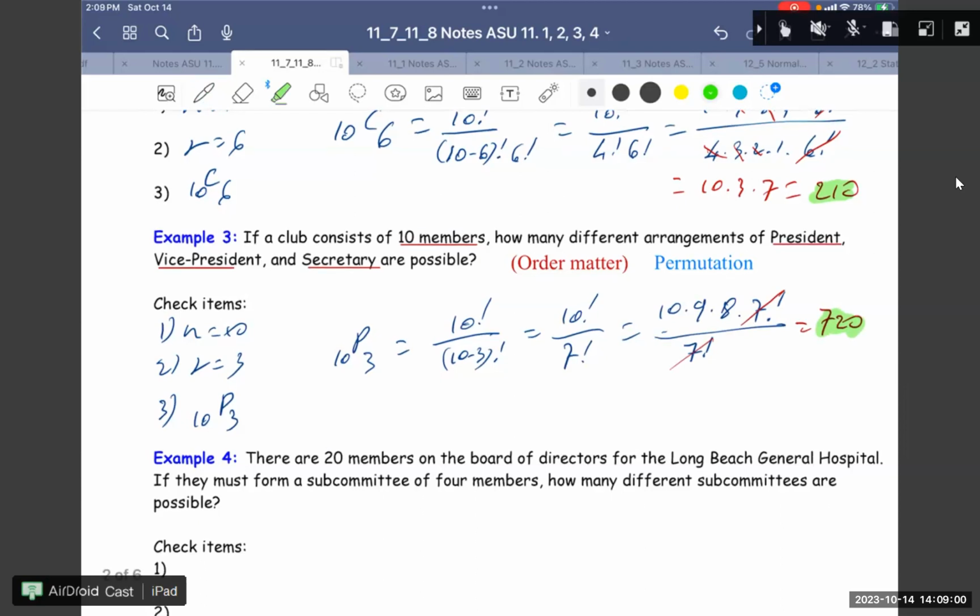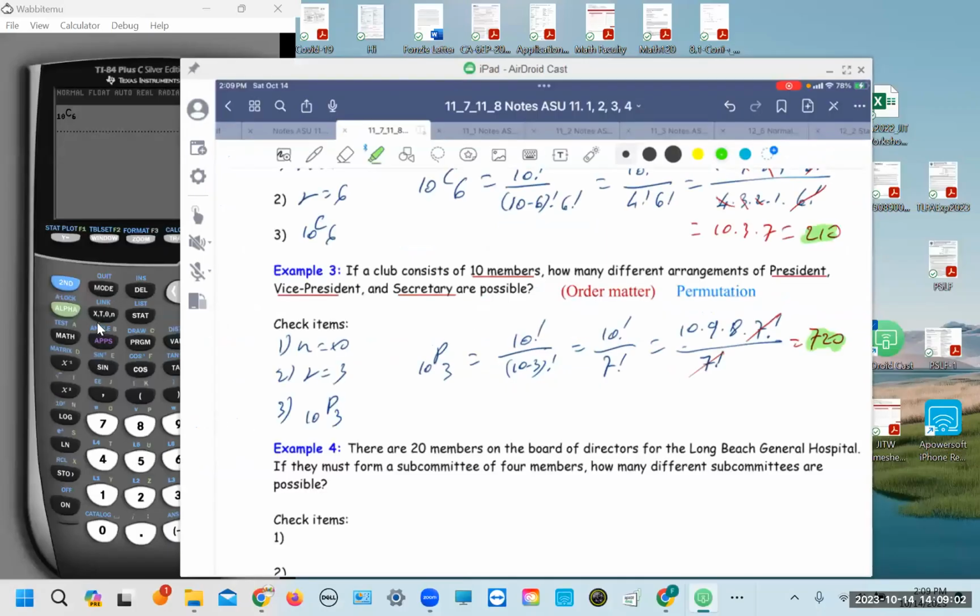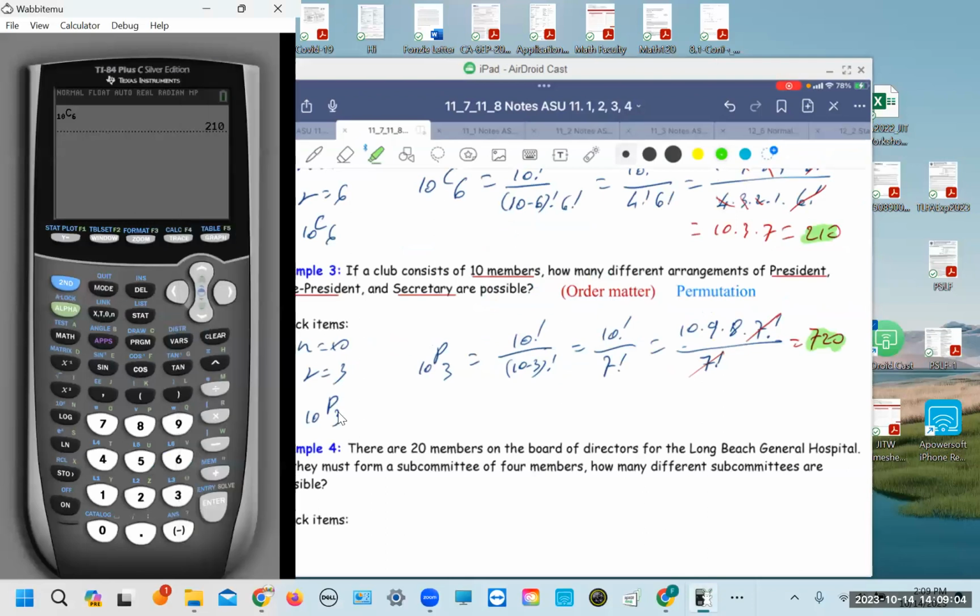If you want to use a calculator, we can bring up the calculator. Because this one is 10, I put 10. By the way, what if by accident I do not put in the 10 first? I can still do it. Math, go to the PRB menu, and go to the P, number 2. You see that it blinks.